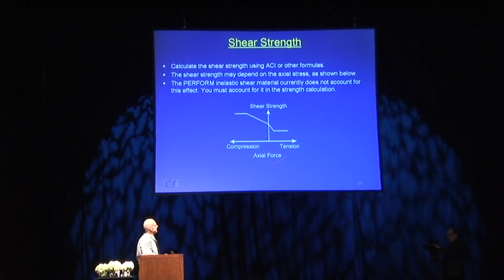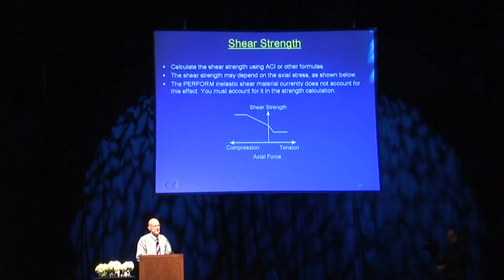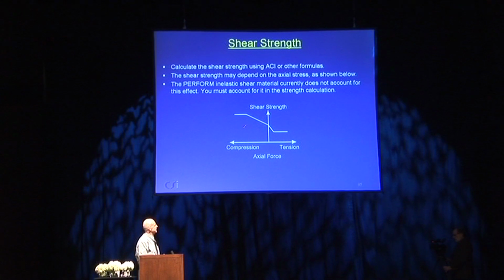In Perform, if you assume that the shear should be elastic, then Perform allows you to take this effect into account in calculating the strength. But if you use an inelastic shear material, Perform currently doesn't allow you to do this. Basically, you have to specify the shear strength, and it's assumed to be constant and independent of the axial force.